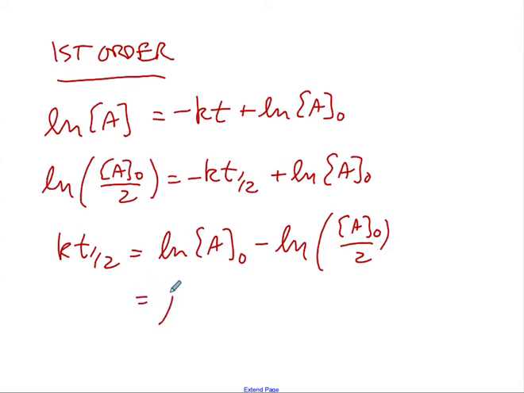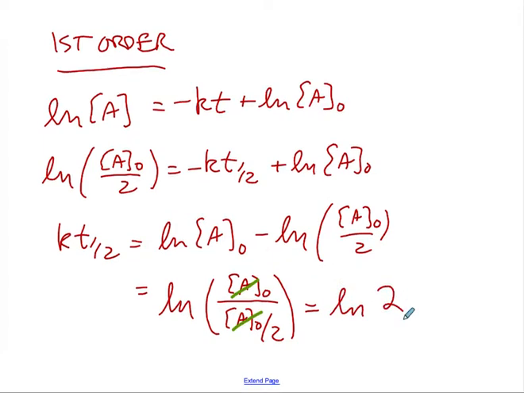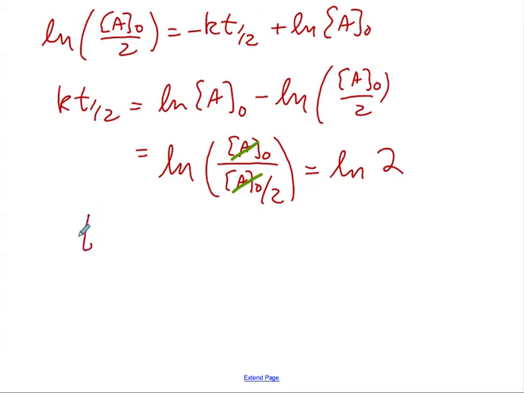But that's equal to the natural log of the initial concentration divided by the initial concentration over 2, which is simply equal to the natural log of 2. Okay? Or, rearranging now, I get that T1/2 is equal to natural log of 2 over k.